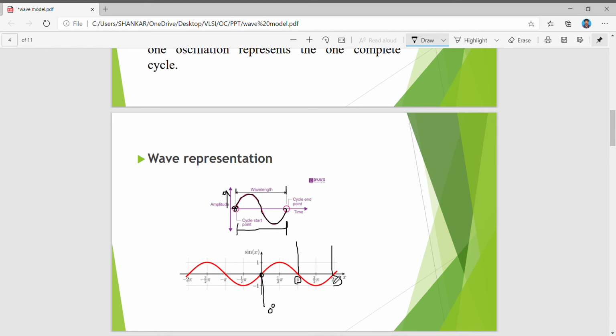According to this waveform, one complete cycle has a phase angle from 0 to 2 pi, that is 360 degrees. This is the representation of a wave with its amplitude and frequency, and here we have represented the phase angle of the signal.